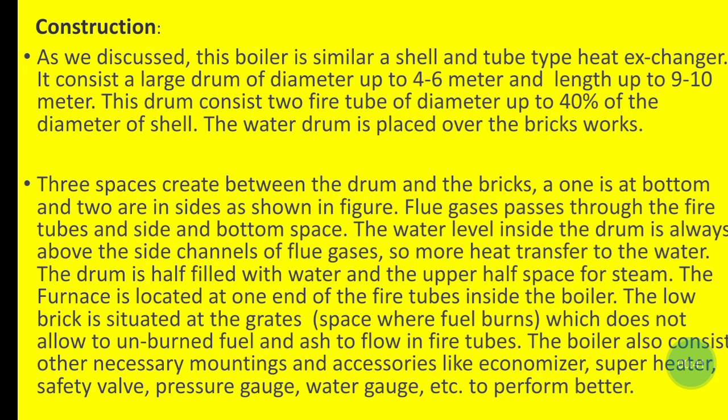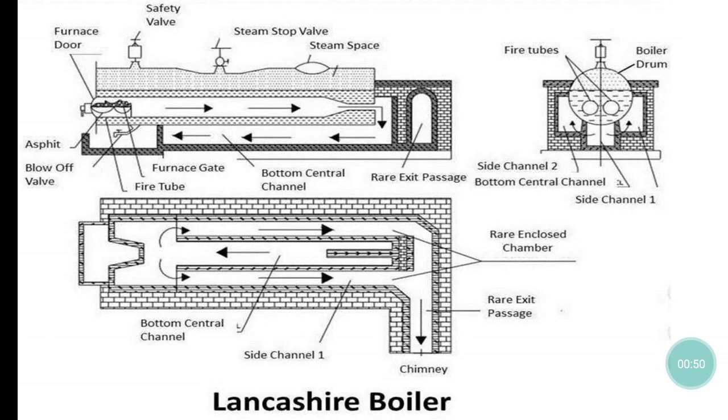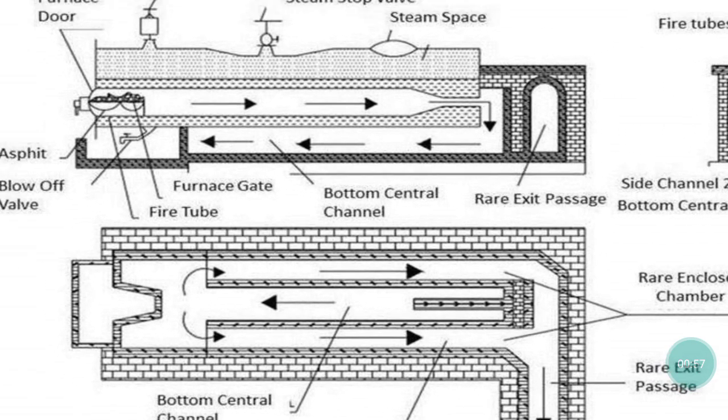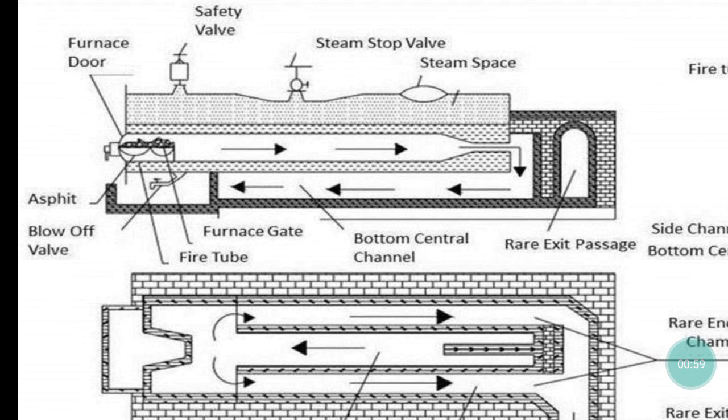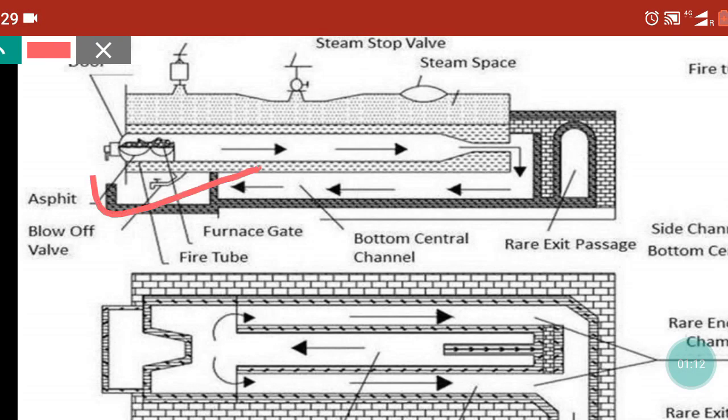etc. to perform better. Now we will discuss the working principle of the Lancashire boiler. So in this Lancashire boiler we will see the working principle. Now here we see that at one side of the fire tubes there is a furnace door where the fuel is burned and the hot gases enter into the fire tubes.